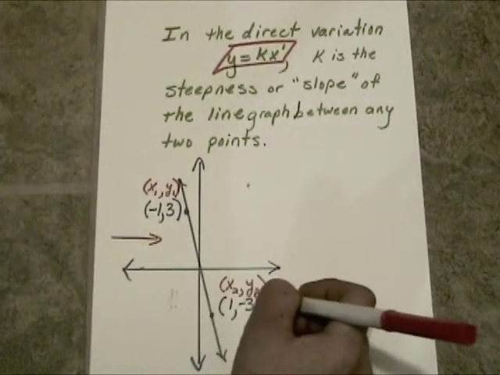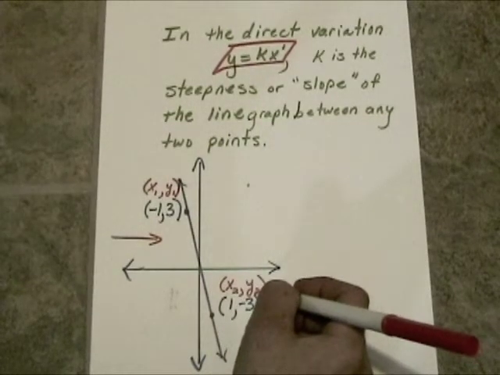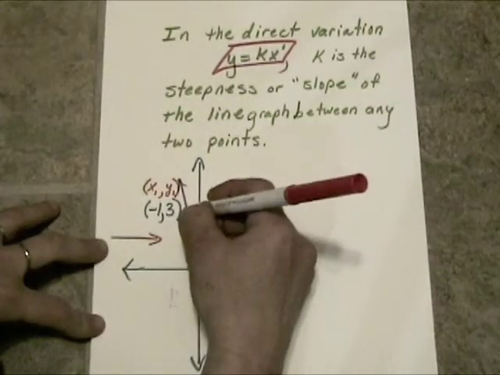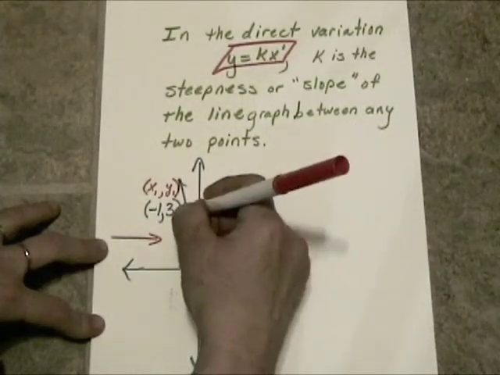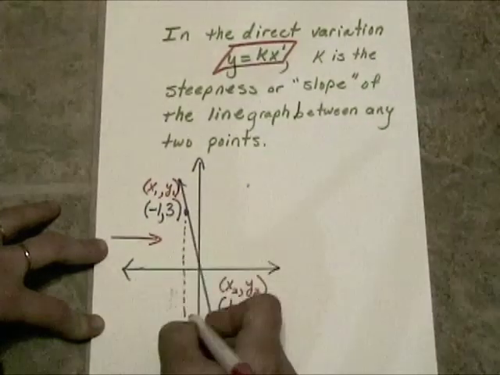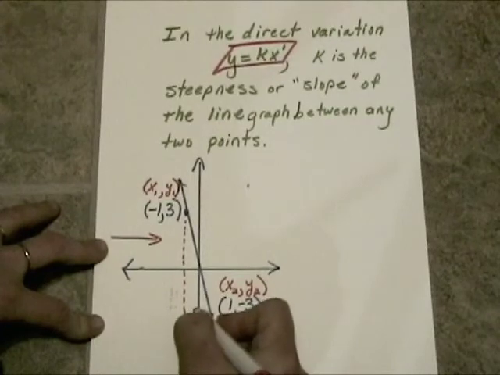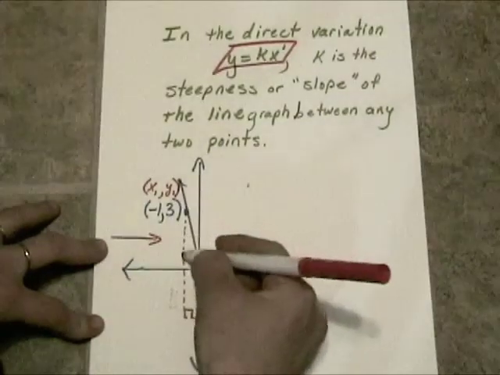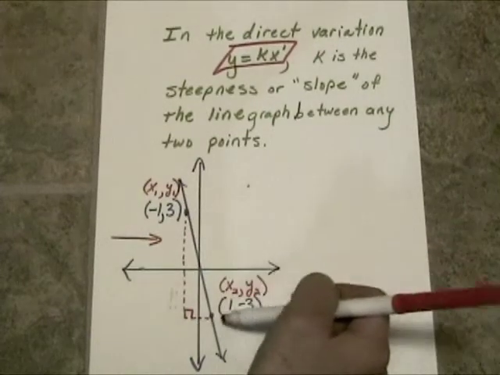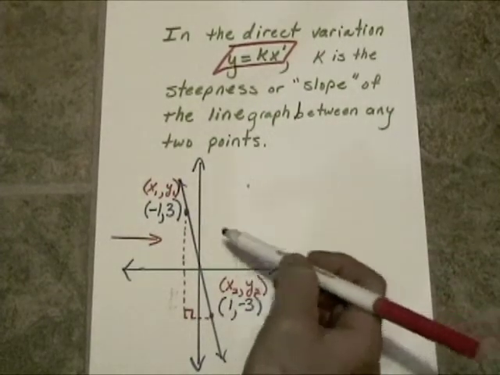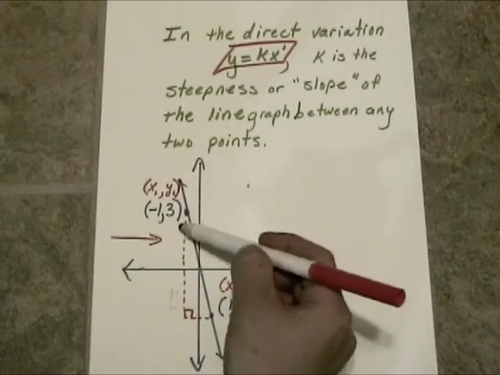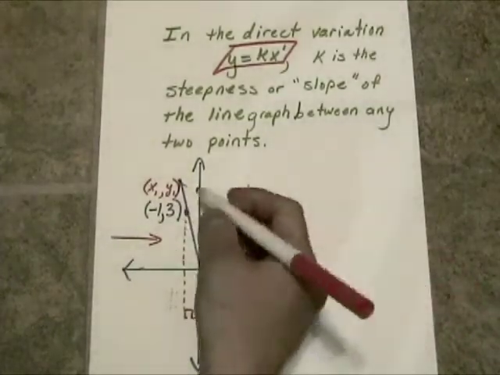Now we want to find the vertical distance, the amount of rise from the first to the second. But that almost sounds like a mistake when I say rise, because I had to go down to get from the first to the second. So we're actually dropping. We were up here at +3, and now we're down here at -3.